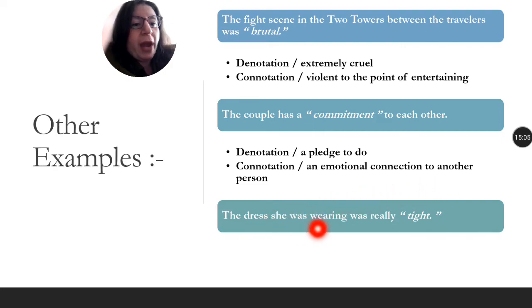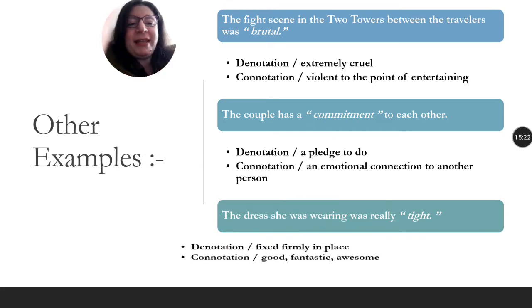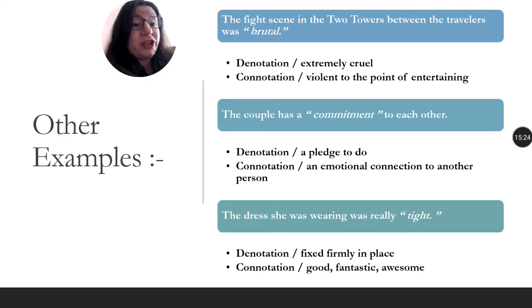The dress she was wearing was really tight. The word tight, with my students in my private classes on Zoom, I was giving them the word tight and they were unable to say the connotations really freely. I don't know why. That shouldn't happen. The denotation way to say tight is fixed firmly in place.